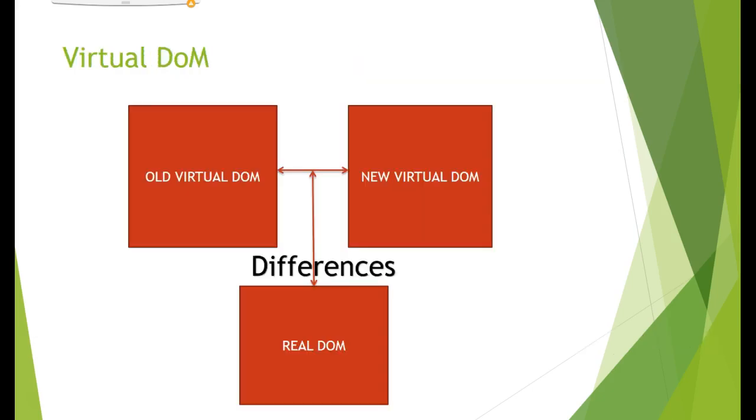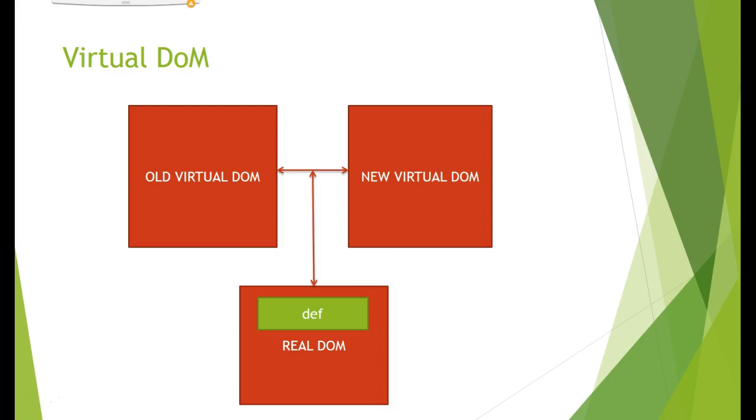The thing which makes React very fast is the virtual DOM. Basically, in React, we have two virtual DOMs maintained by React, the old virtual DOM and the new virtual DOM after the changes. It compares the old and new virtual DOMs, and if it finds any differences, that difference alone is rendered in the real DOM.